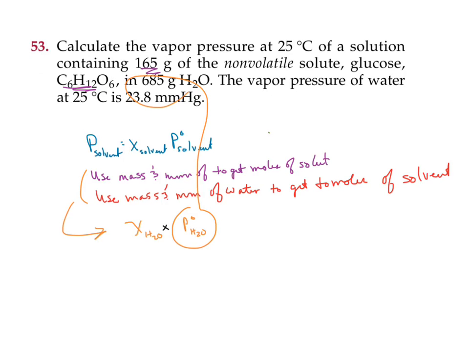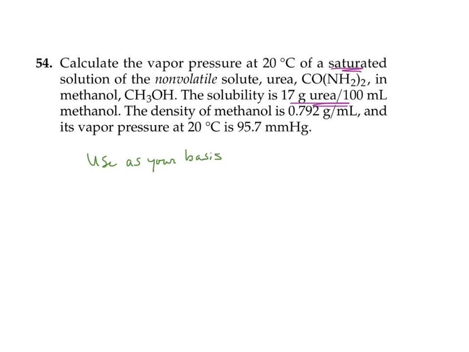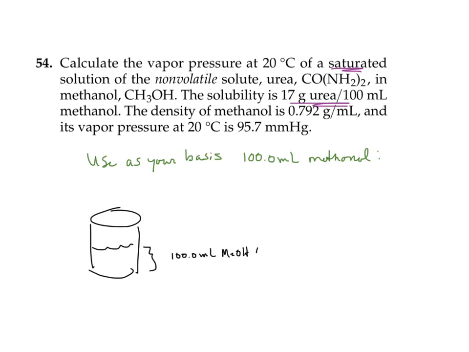The first one looks like this, where it's glucose dissolved in water. They give you the mass of the glucose, the mass of the water. It's kind of like the example we just did. That one's not too bad. This one, it's dissolving urea, not in water now, in methanol, which is kind of exciting.